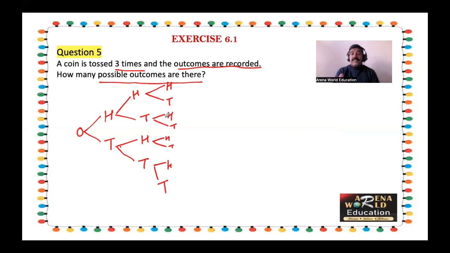We will solve questions related to probability by using this tree.